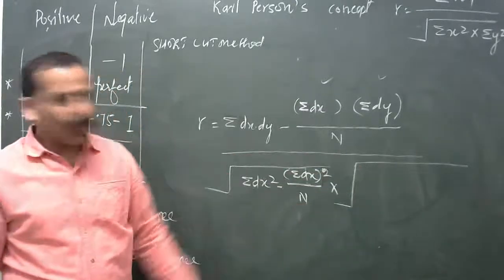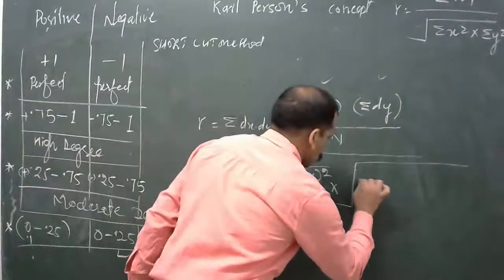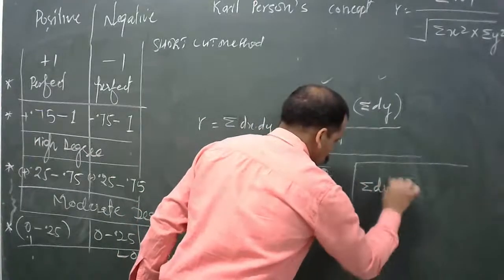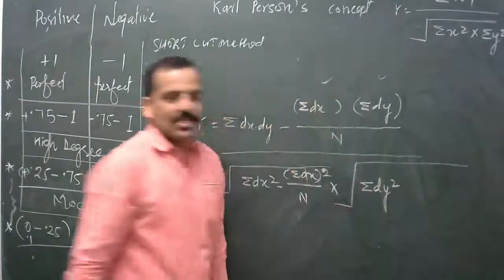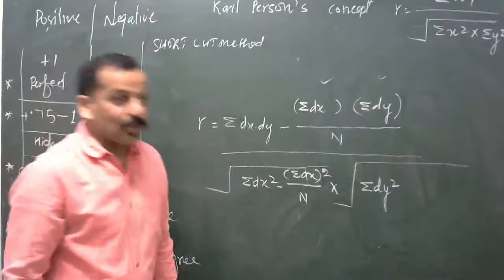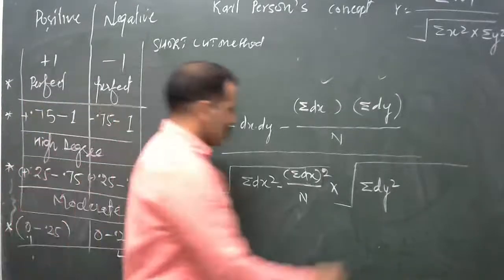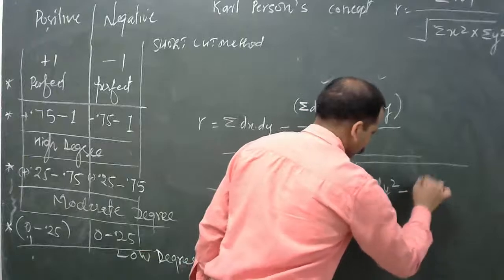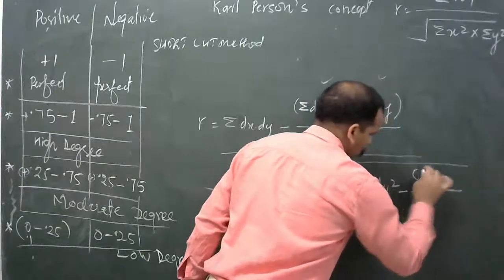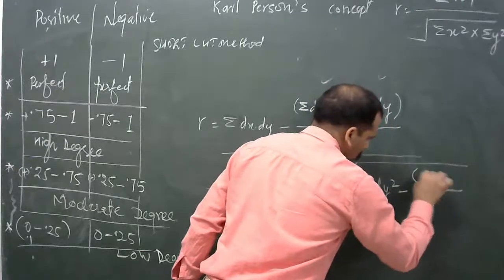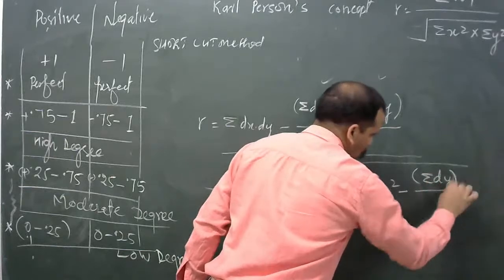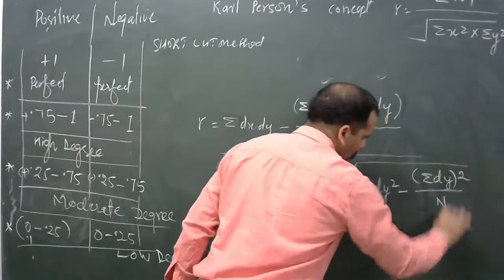What you have to write? Y. Summation dy square minus, summation dy whole square upon n.